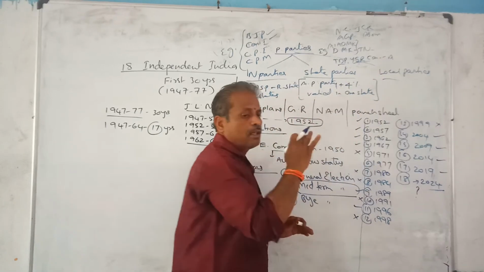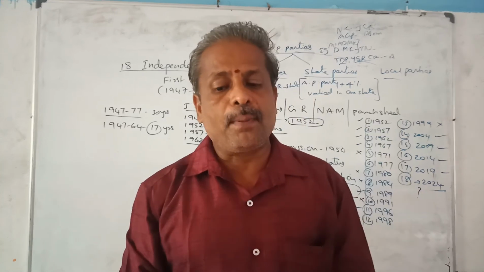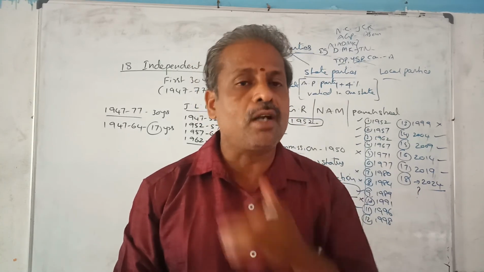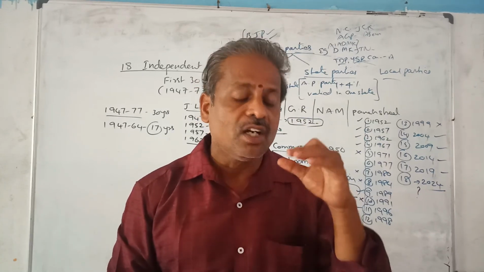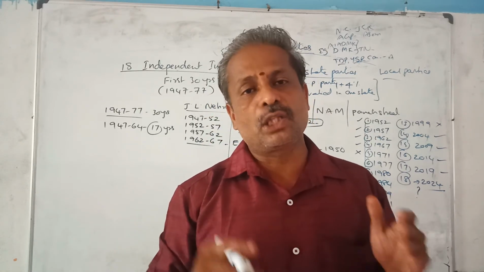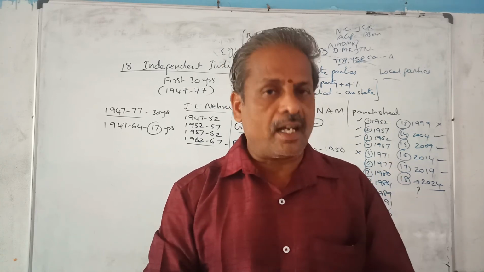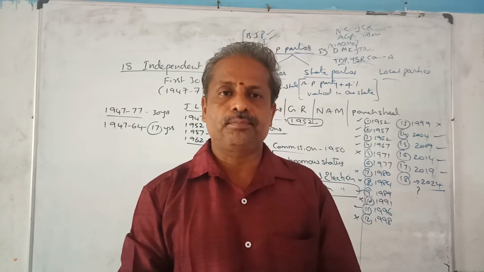All these parties come under state parties. Whereas parties that do not secure at least 4% of votes in one state are considered local parties. In this way, different parties contest in the election.